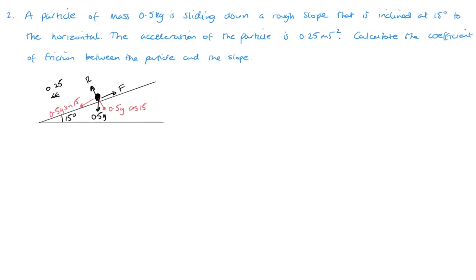Okay, so what I can do here is I can work out R, and R is equal to 0.5 G cos 15, which is 4.73 newtons to 3 significant figures.